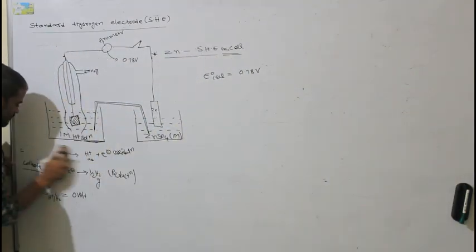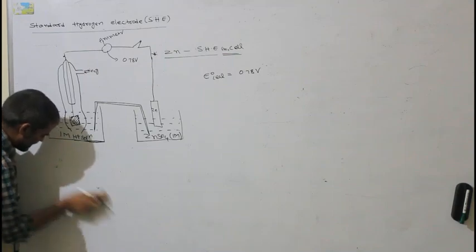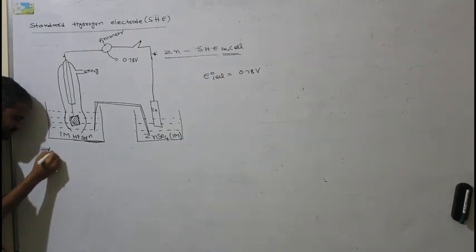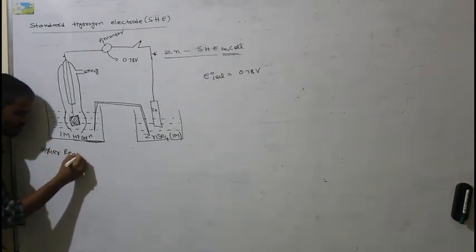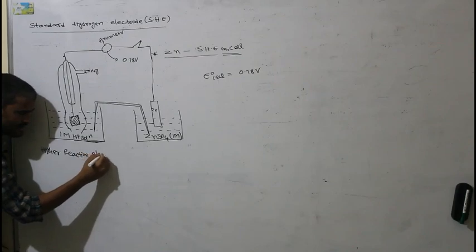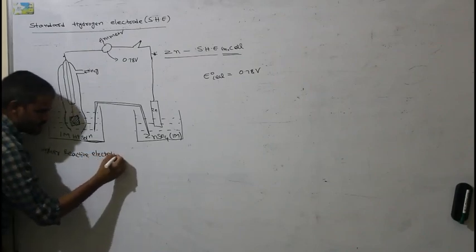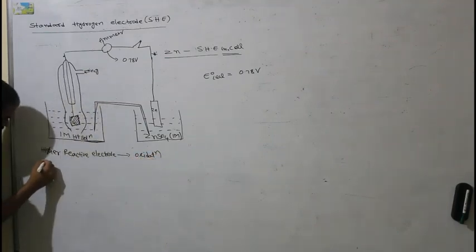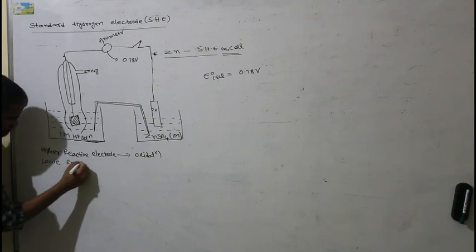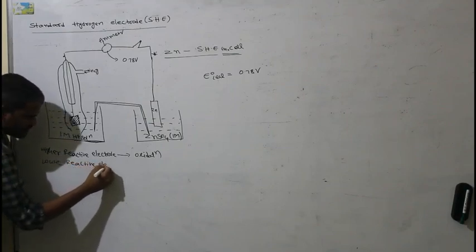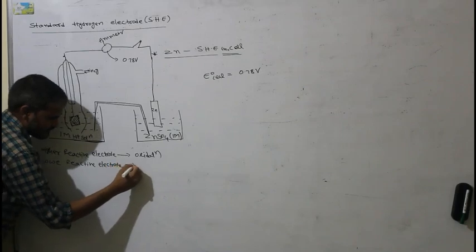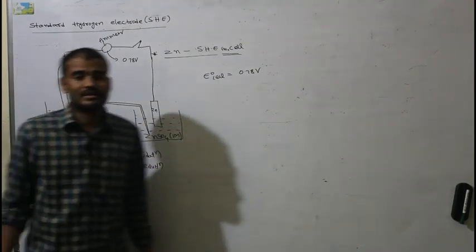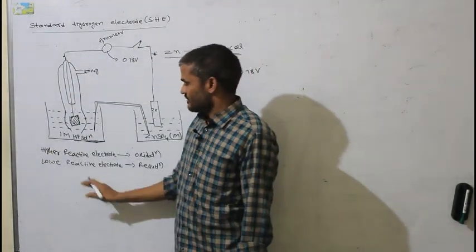Always remember: the higher reactive electrode undergoes oxidation, and the lower reactive electrode undergoes reduction. This is the fundamental rule. Recall the metal reactivity series with that.